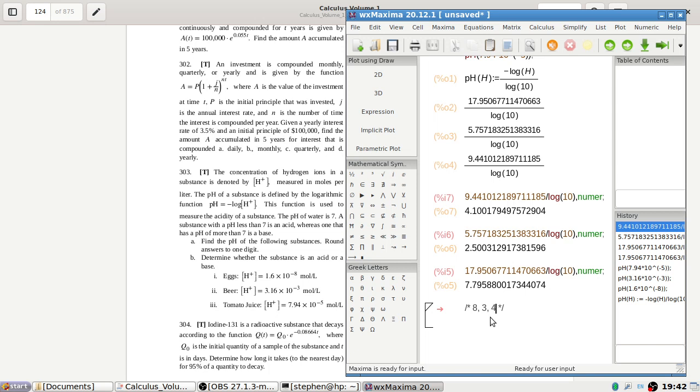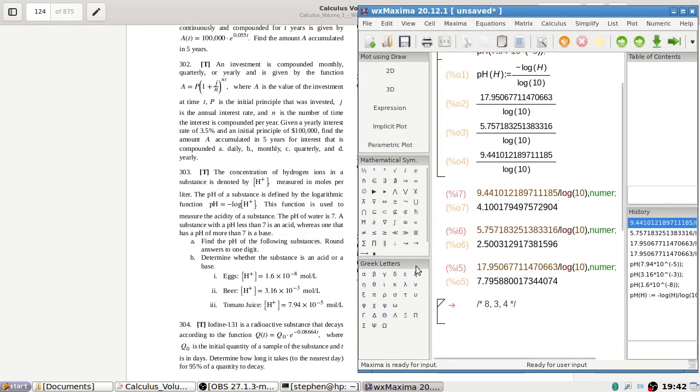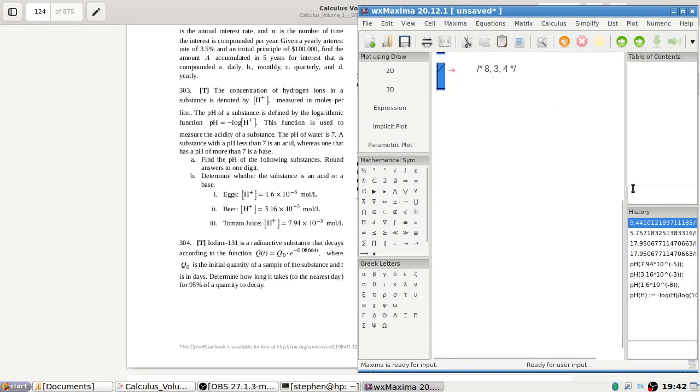Is that it? Oh man. Got caught out by the rounding again. 8, 3, and 4. Yeah. Okay.